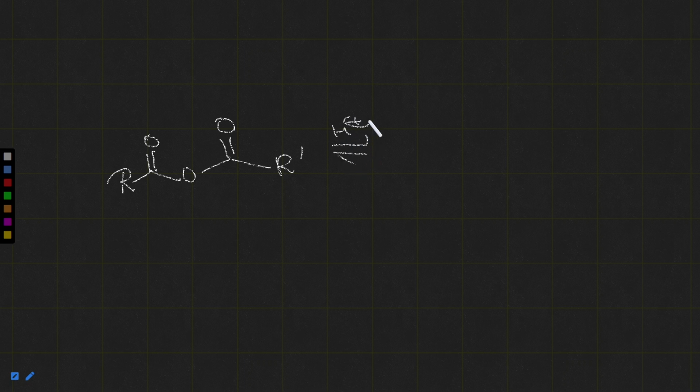Suppose I am doing the acid catalyzed hydrolysis. So what will happen? First of all, this will be protonated in the presence of H plus. So it will result in the formation of OH plus, and R dash.